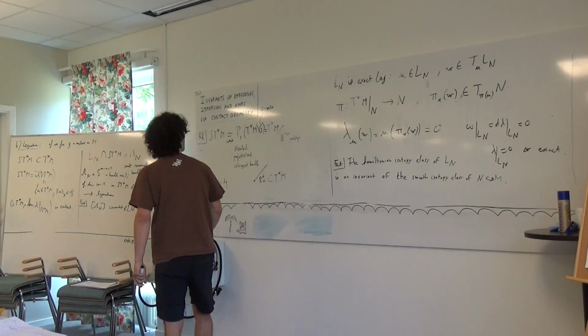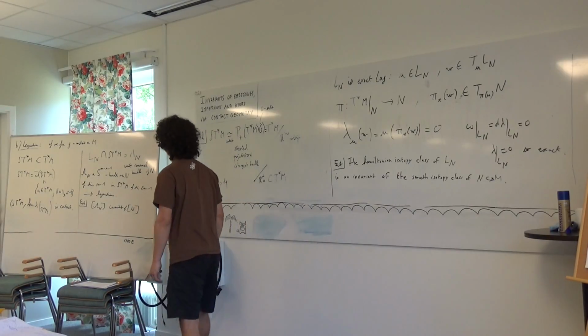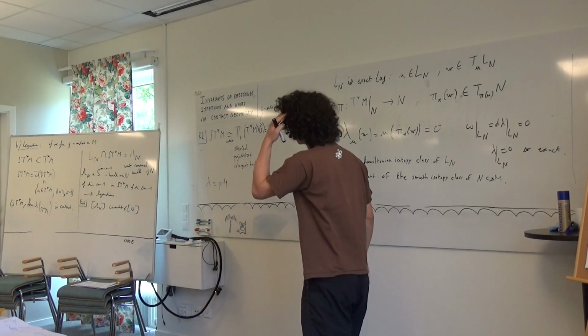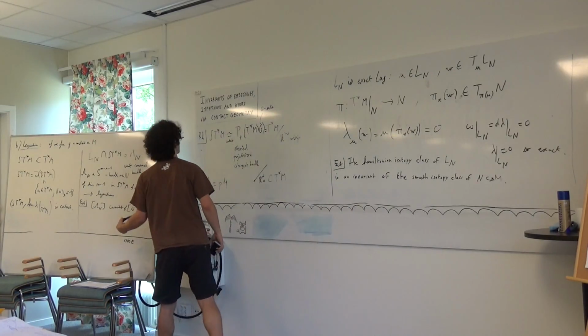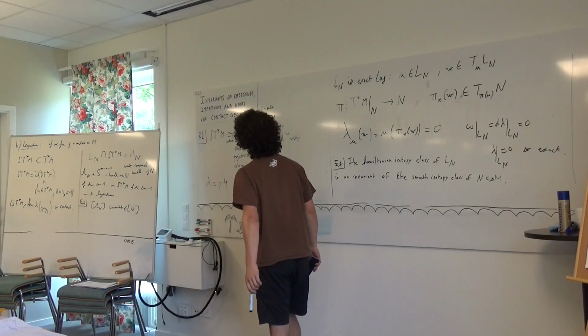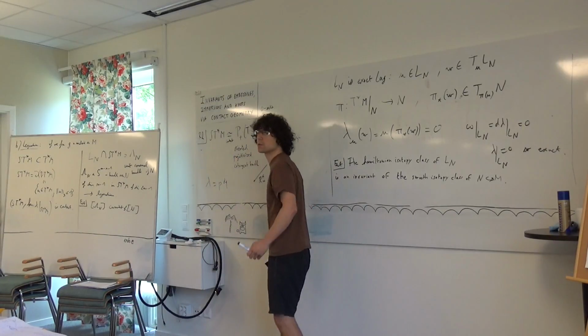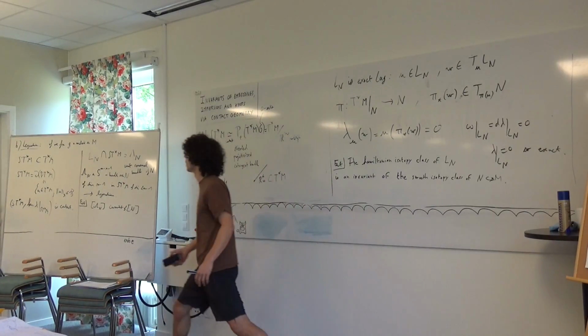Okay, but so this is really an interesting definition of the unit conormal bundle, and its class is invariant. And this isomorphism is canonical from the moment you fix a metric.